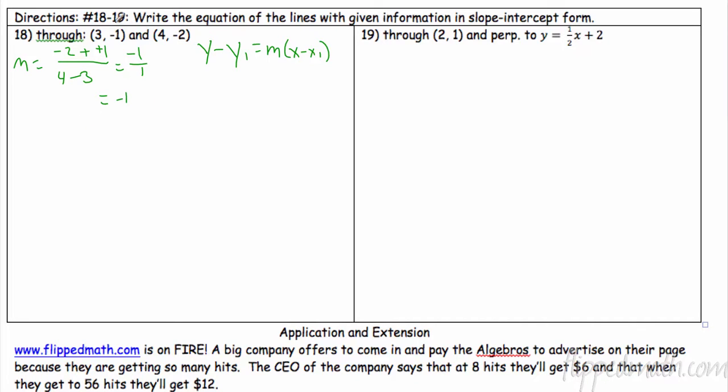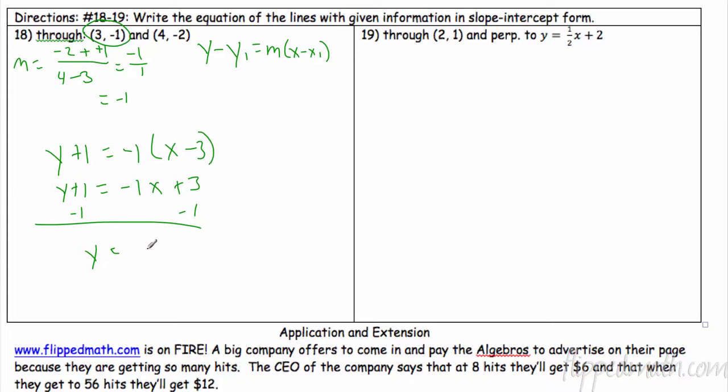So plug in, I'm going to use this point. Y minus -1 is the same thing as y plus 1. And then my slope's -1 times x minus 3. I've got to distribute, so I have y plus 1 equals -1x plus 3. Subtract 1. So y equals -x plus 2.